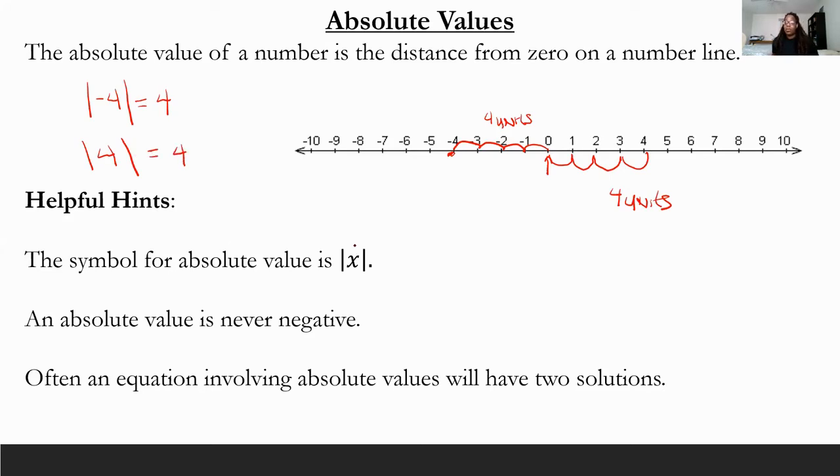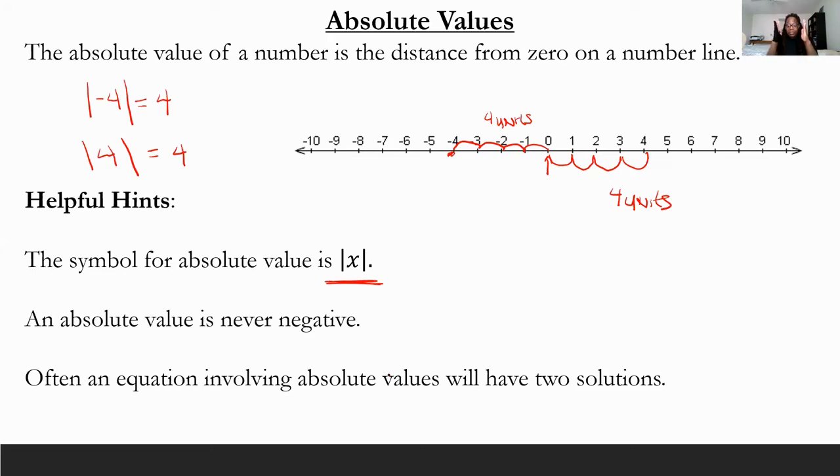So regardless of what happens in between the bars, remember, this is your symbol for the absolute value, your answer is always going to be positive, because that's how many units it is away from 0. The absolute value is never negative.